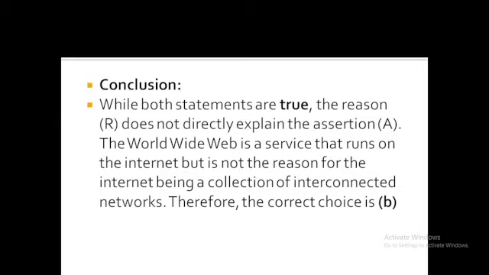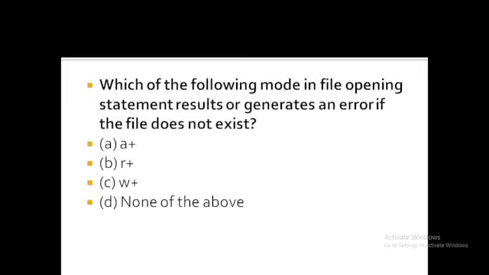While both statements are true, the reason does not directly explain the assertion. The World Wide Web is a service that runs on the internet, but it is not the reason for the internet being a collection of interconnected networks. There is no relation between the two statements, whereas both statements satisfy their own statement, not each other.